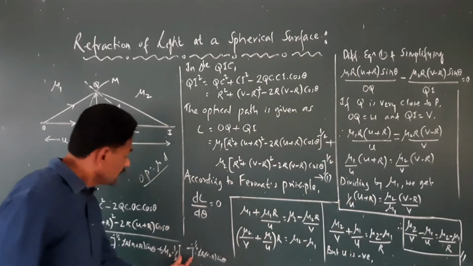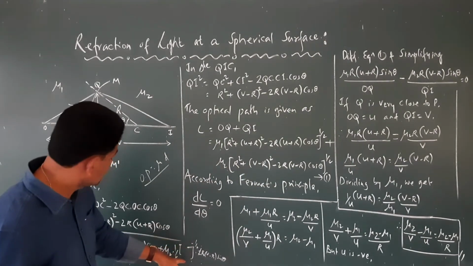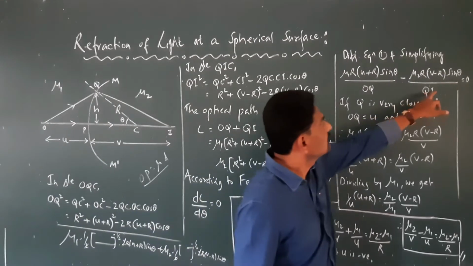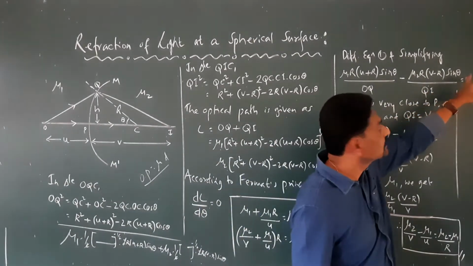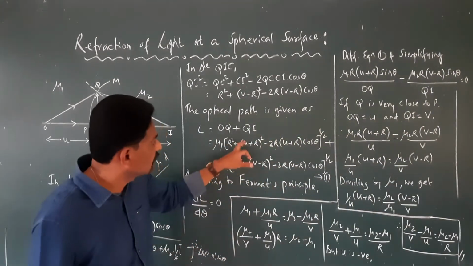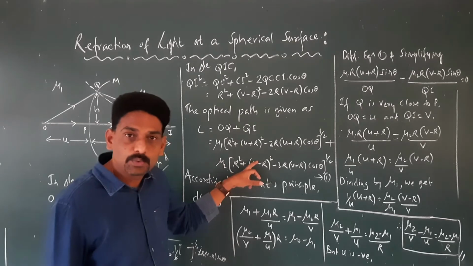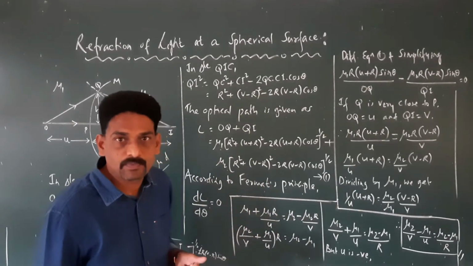And this term is taken to the denominator. But what is that term? That is nothing but QI. So this is equal to 0. So we have differentiated equation 1 with respect to theta and set it equal to 0.